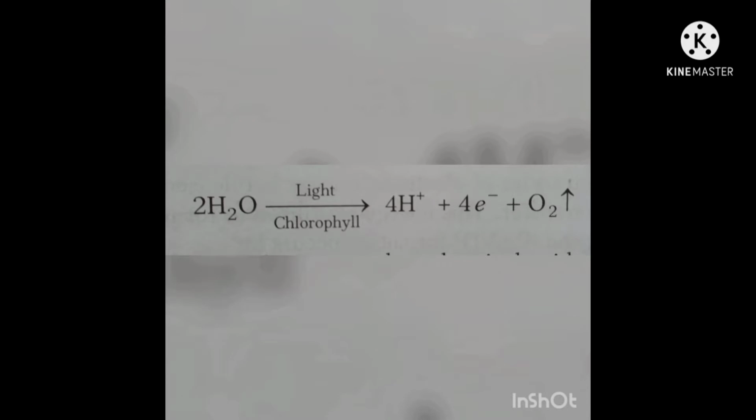Water molecule splitting gives the H plus ions, electrons and oxygen. Splitting of the water molecule takes place on the inner side of the thylakoid membranes. Thus, protons produced during the photolysis are accumulated within the thylakoid lumen.